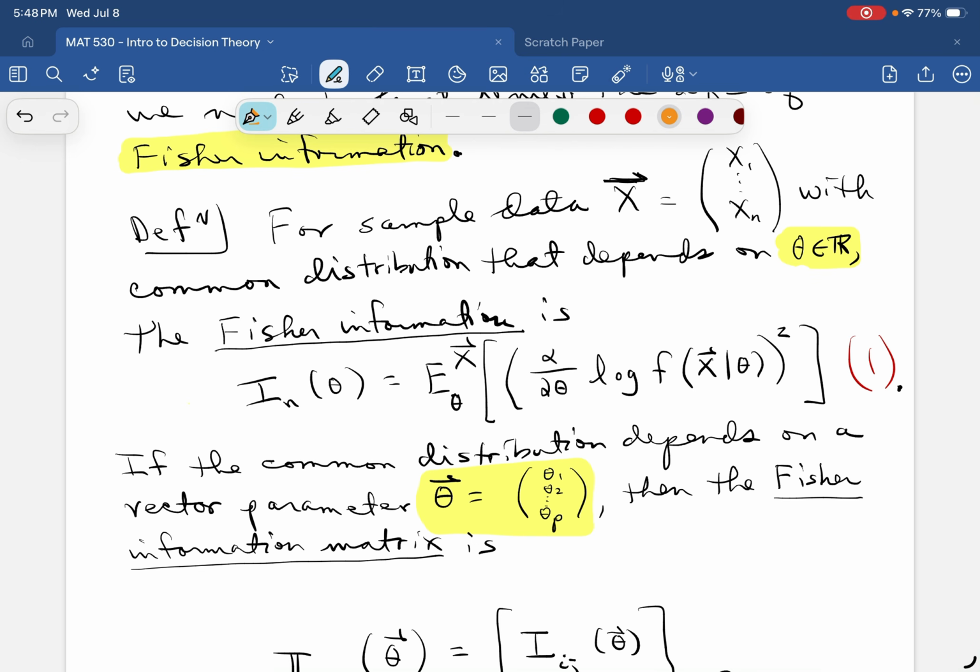So for our function, at least, what we're talking about is the variance of the score function. And I will tell you that what is true for our example is true in general. It is true. The expected value of the score function is always going to give you 0. So the Fisher information really is just the variance of the score function.